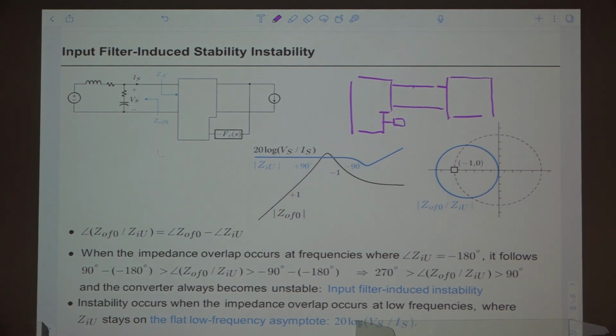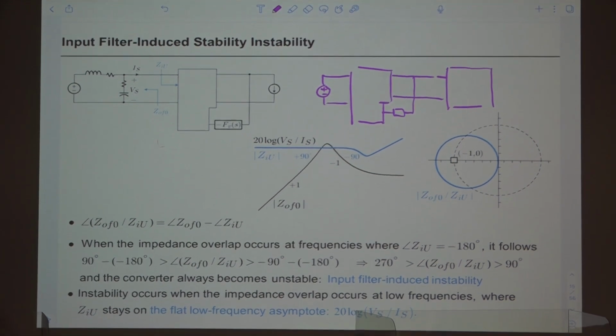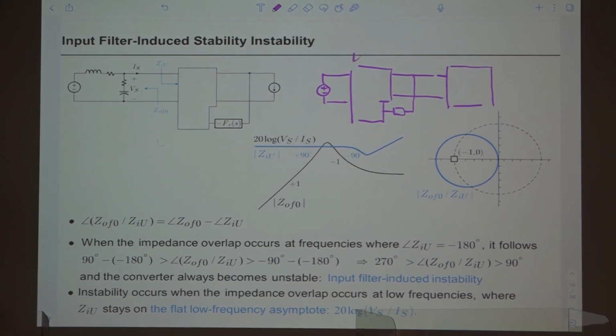Then we have this situation, and this converter is powered by an ideal voltage source, but this is the load coupled converter. And this is the source coupled converter.